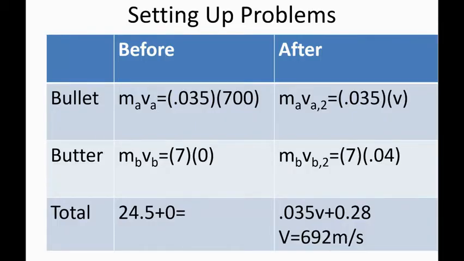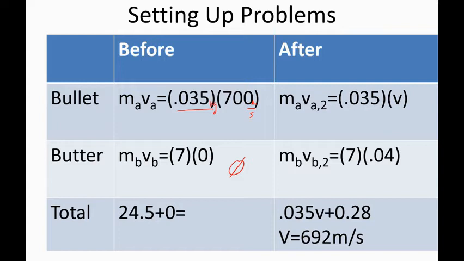So we set up our before and after table. Our bullet is 0.035 kilograms, and we have 700 meters per second. That's how fast the bullet is going. The butter has a momentum of 0 in the beginning. In the end, we have 0.035 times the velocity of the bullet, plus 7 times 0.04.